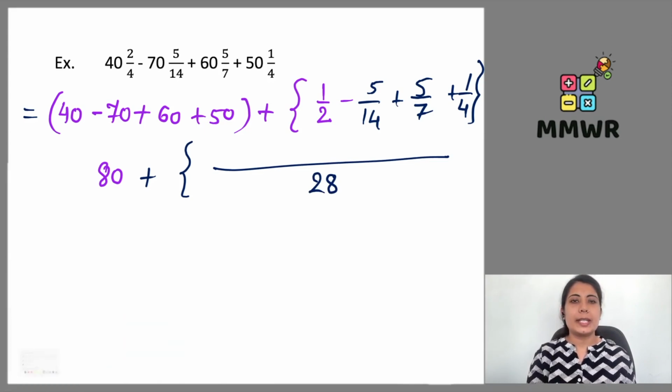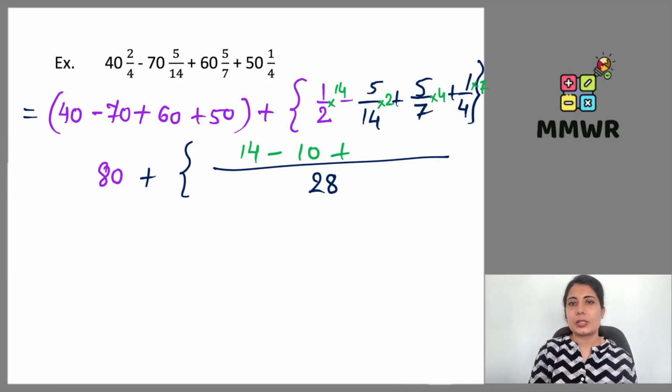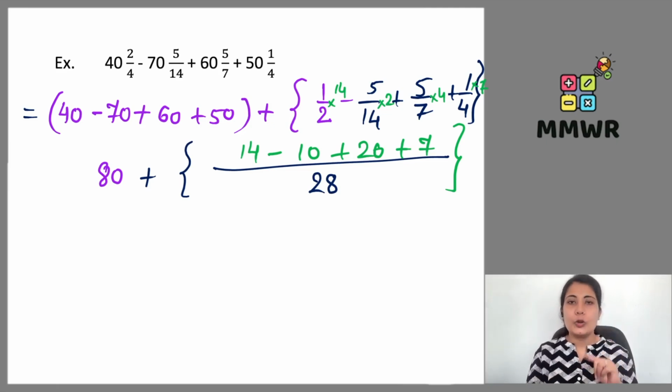And if we have 28, here we have to multiply by 14, here by 2, here by 4 and here by 7. 7 4s are 28, 4 7s are 28, 14 2s are 28. 2 multiplied by 14 is 14. So 14 minus 10 plus 20 plus 7. 14 minus 10 gives me 4. 4 plus 20 gives me 24. 24 plus 7 gives me 31 upon 28.